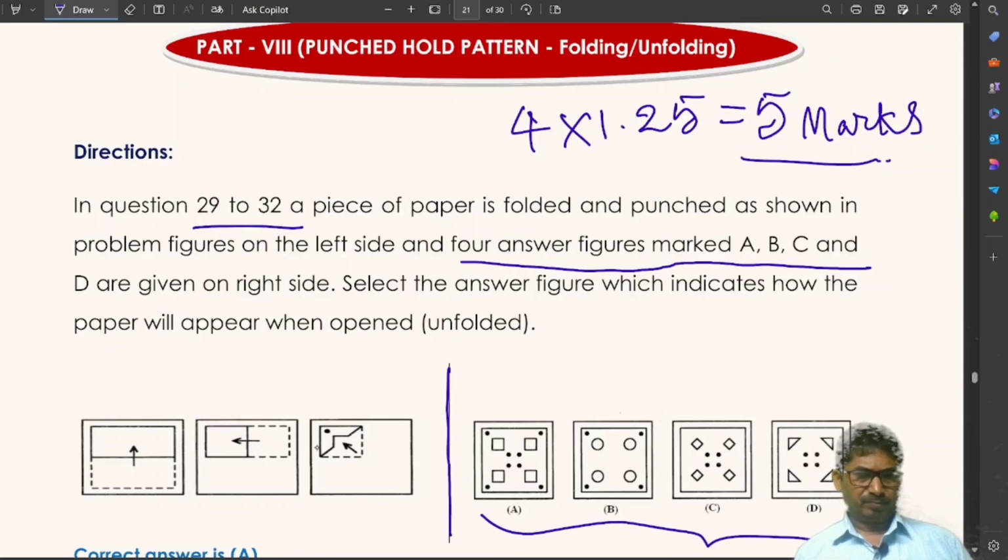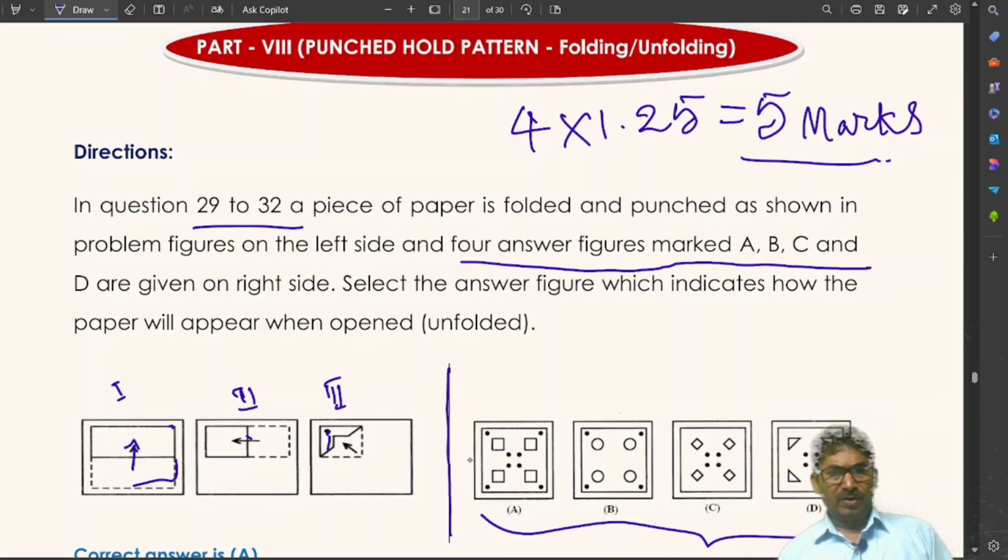Opened means unfolded. So this is step 1. This paper is folded once. First fold. Next, after this, the second fold. Next, here what do we have? Third fold and punched here. So after opening this, we get, on this side, first opening, what do we get? Like this. This part will be cut.